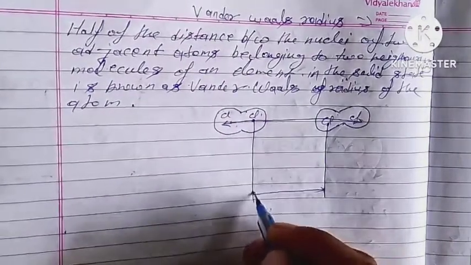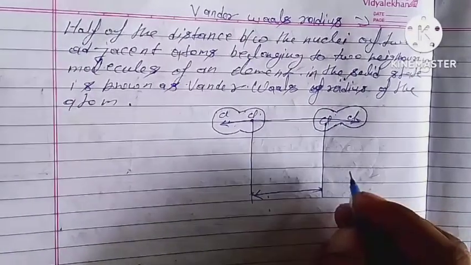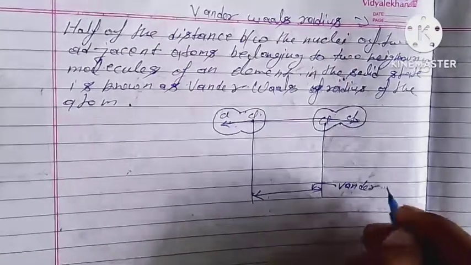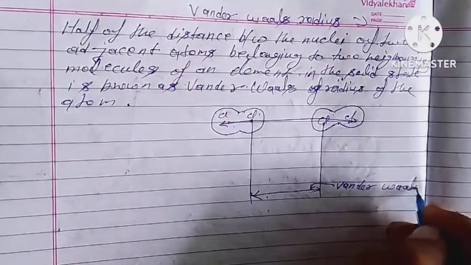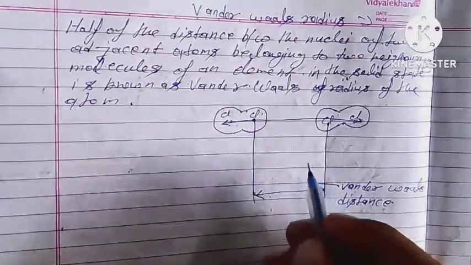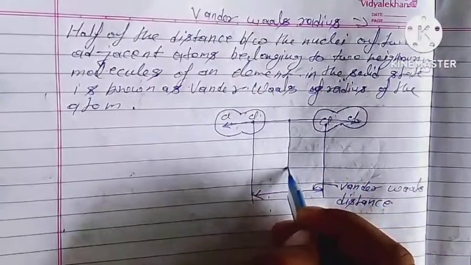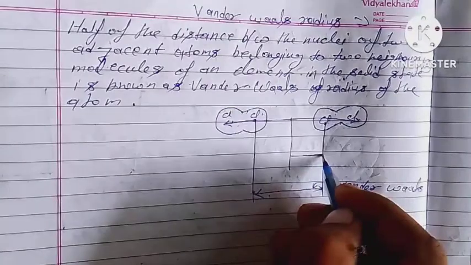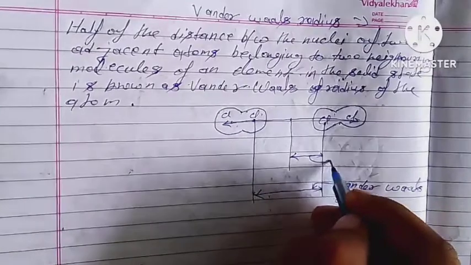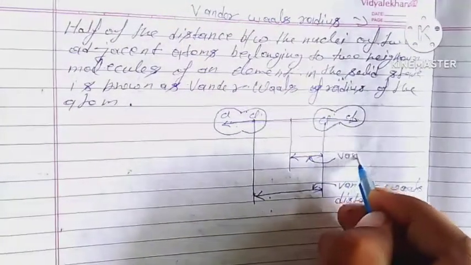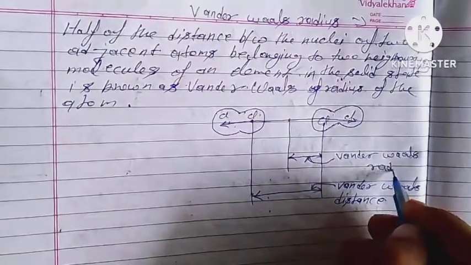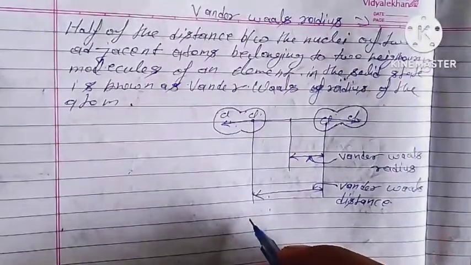This is the Van der Waals distance. This is the Van der Waals distance, and this is the Van der Waals radius.